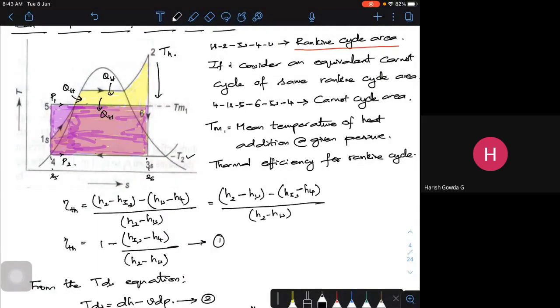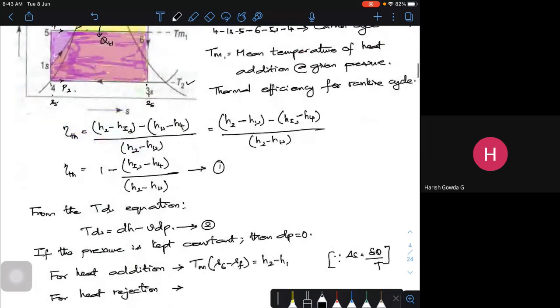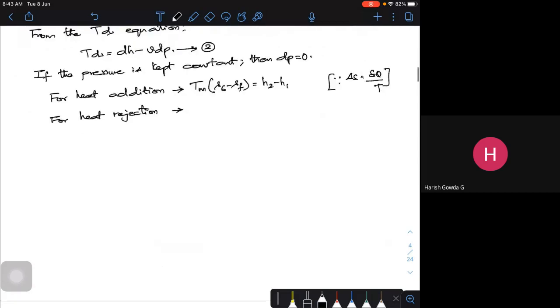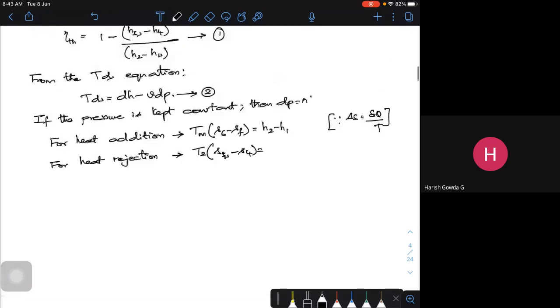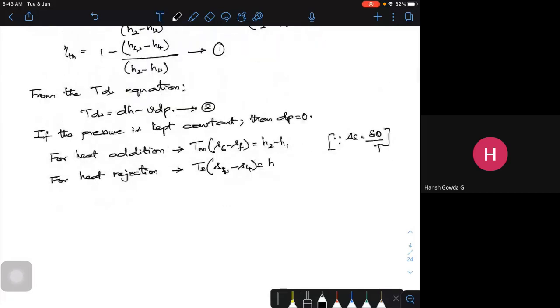If this is Tm1, then this is T2, so the heat rejection will be T2 into S3S minus S4, which is equal to H3S minus H4. One is for the heat supply and the other is for the heat rejection.